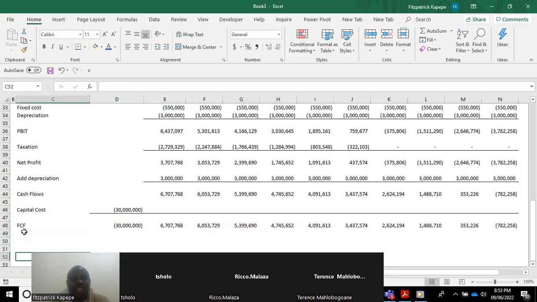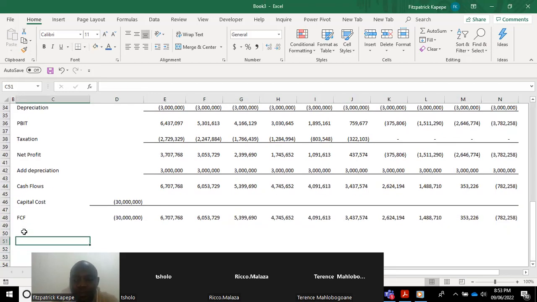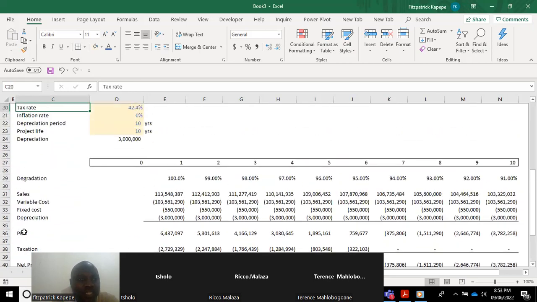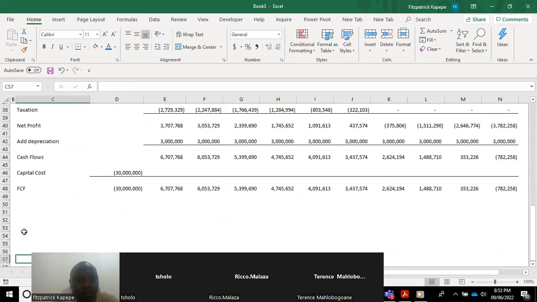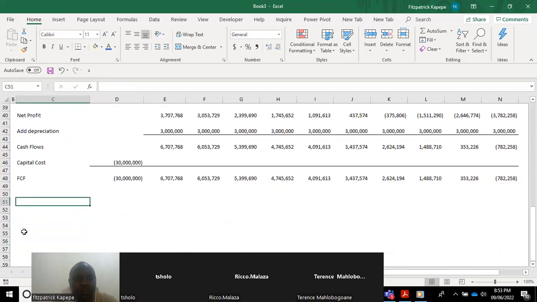Now, we can bring in the discount factors. What was the discount factor? Well, we are given the discount factor. In this case, we have 10%. You know what to do on the discount factors, guys.